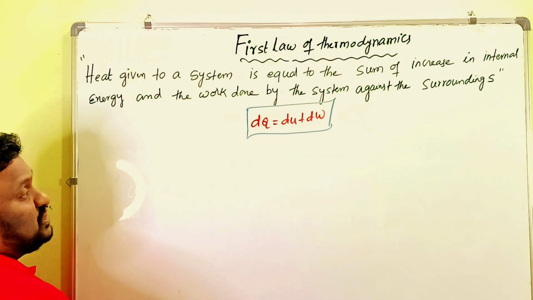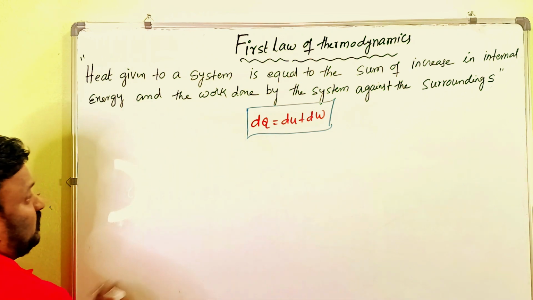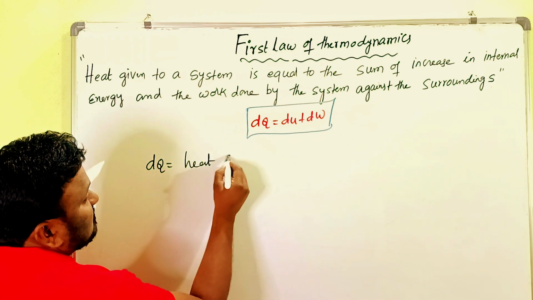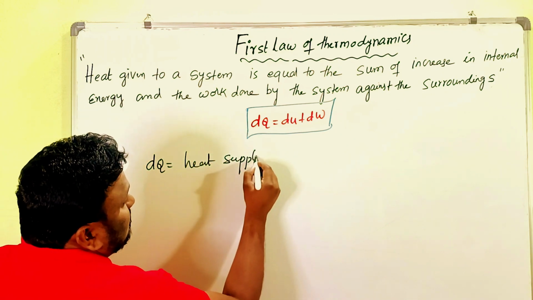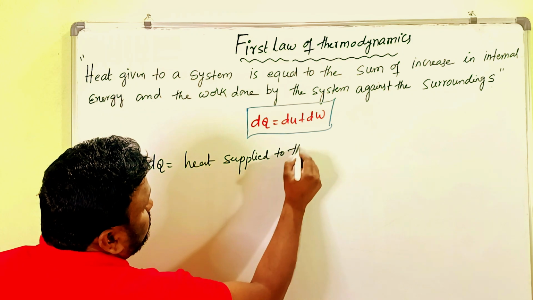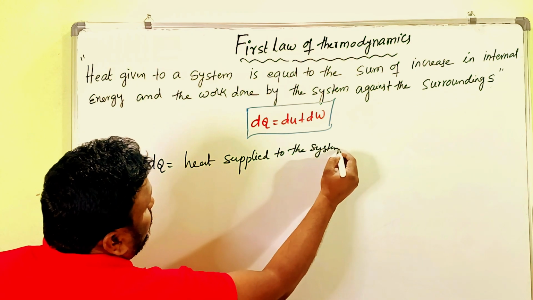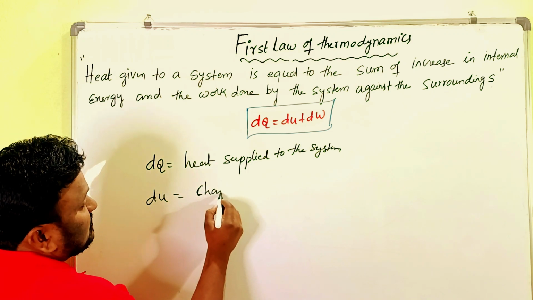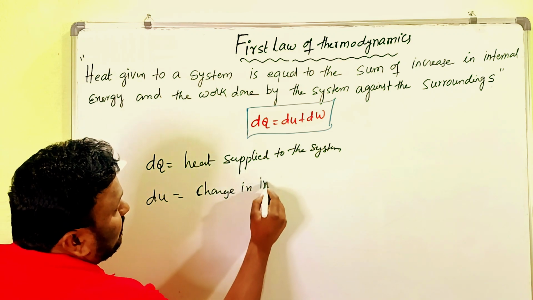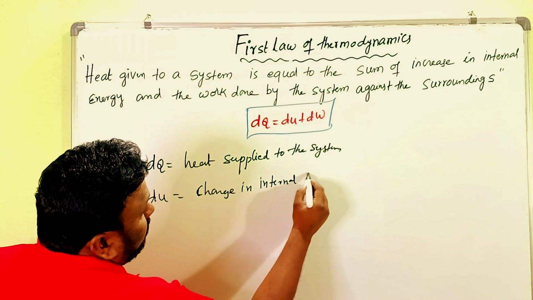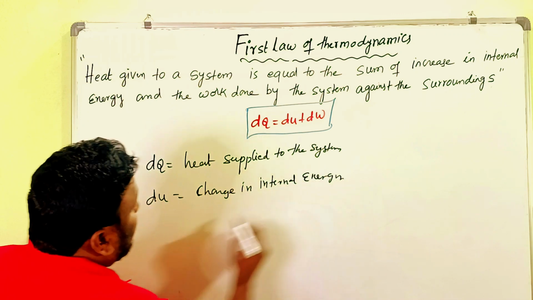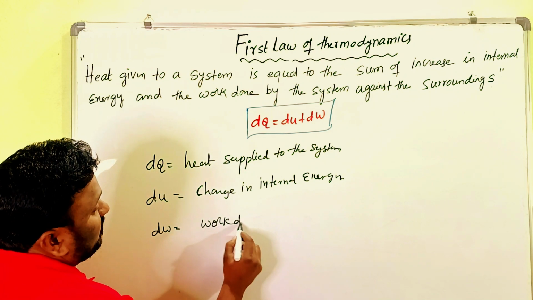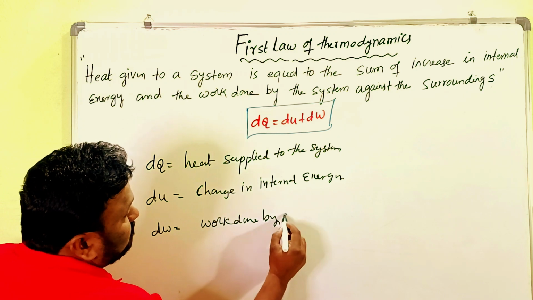That is dq equals du plus dw. Here, dq is the heat supplied to the system, du is the change in internal energy, and dw is the work done by the system.